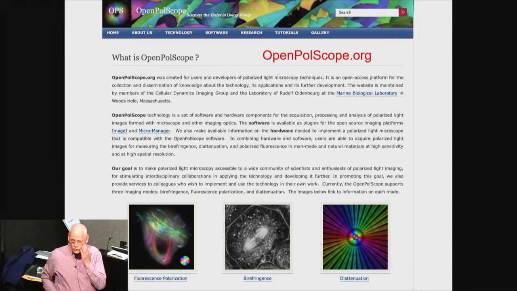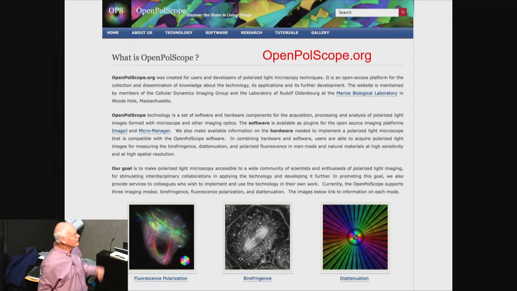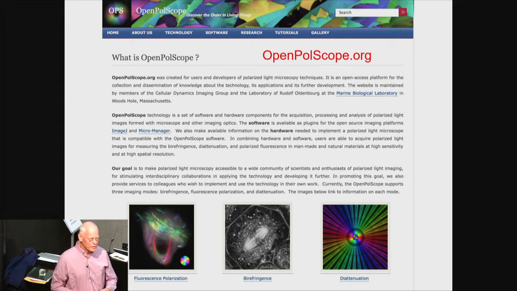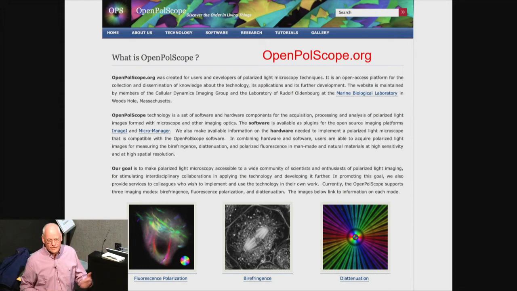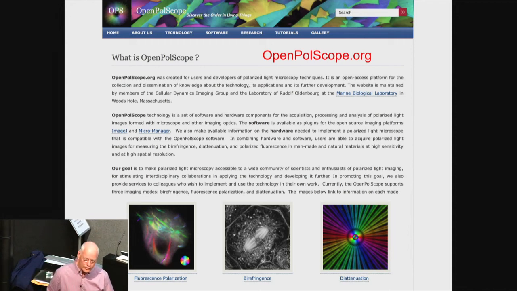We do support people who would want to implement this technique. We call it now the OpenPolScope. The company that used to pick up the technology, Cambridge Research and Instrumentation, was a beautiful small company that we worked with, and they licensed some of the patents that we have on it. They were bought up by PerkinElmer in two steps.